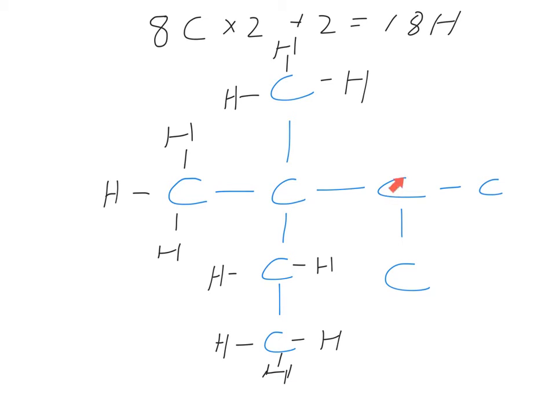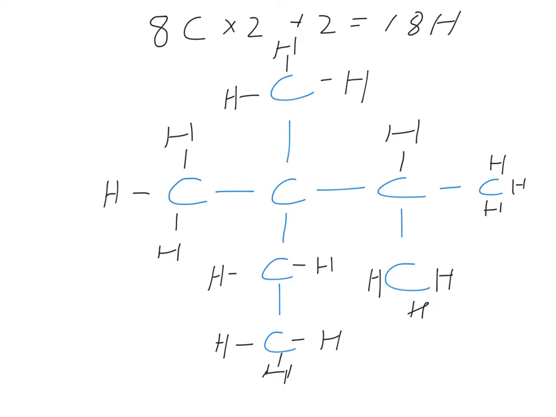This carbon is participating in 3 bonds, so to bring it up to 4, it can only bond with 1 hydrogen. This carbon has only 1 bond, so it can have 3 hydrogens. Same for this carbon, it's only 1 bond, so it can have 3 hydrogens. So let's see if adding branches changes that carbon-hydrogen ratio. Let's count them up.